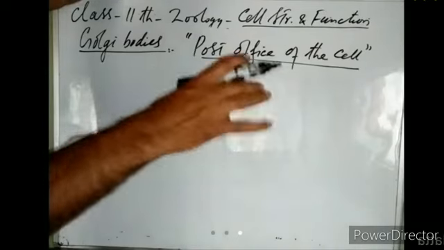I hope you understand the function of a post office. A post office receives materials in the form of letters and parcels from different locations. Then, after reading the address, it dispatches them to specific locations, right? Similarly, Golgi bodies receive materials from different sources, then deliver them to specific addresses.